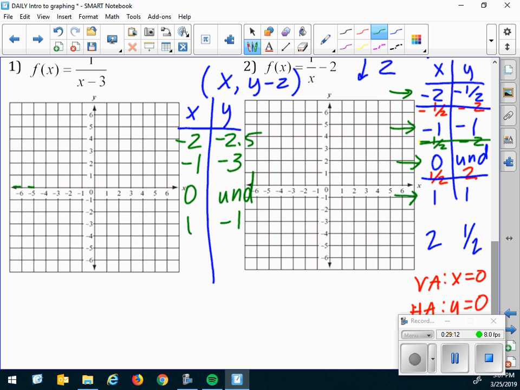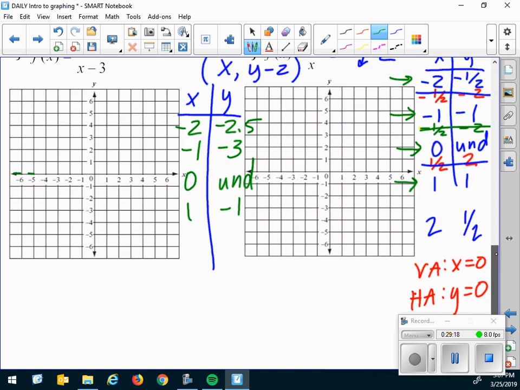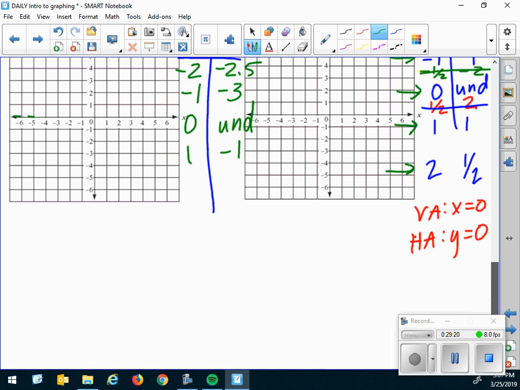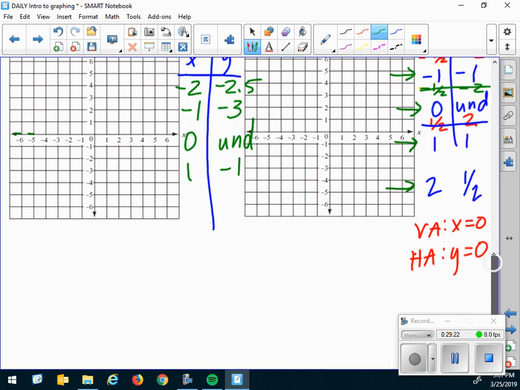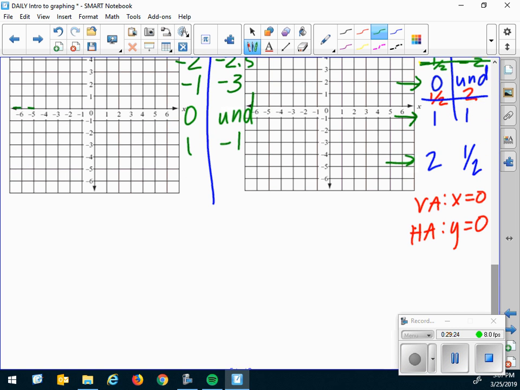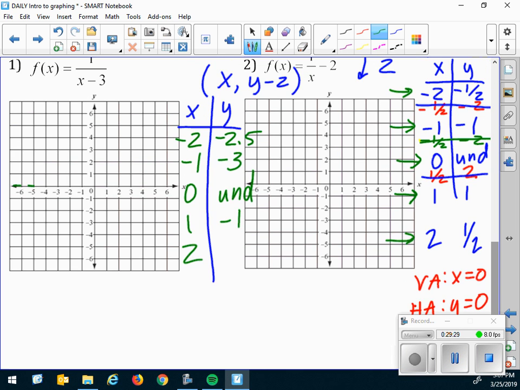Because 1 minus 2 is negative 1. Last one. 2. And now you don't have a calculator. I should have told you to get a calculator. 1/2 minus 2 is negative 1 1/2.